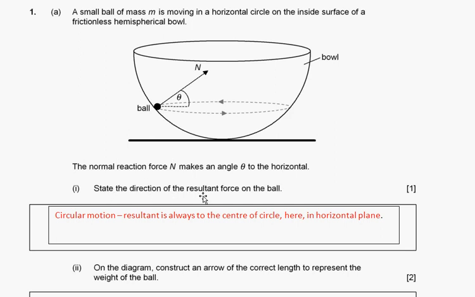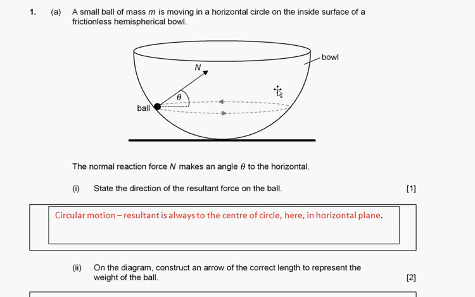State the direction of the resultant force on the ball. So we have a circle. The resultant force should be centripetal, directed to the center in the horizontal plane. So in circular motion the resultant is always to the center of the circle, here in the horizontal plane.